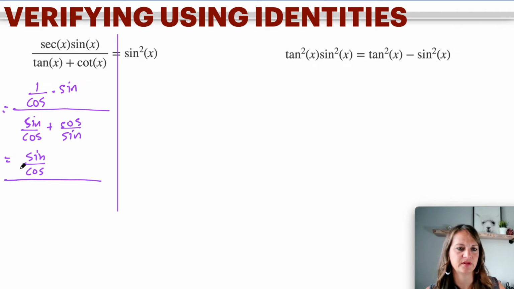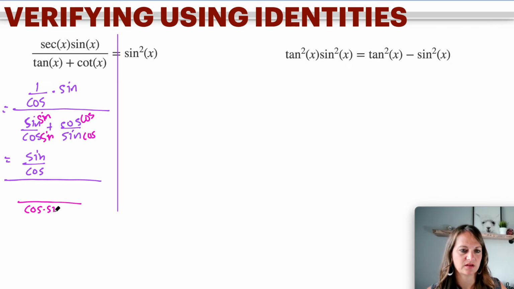And on bottom, I need to find a common denominator, which is sine. And here, that needs to be cosine. So cosine times sine is your new denominator, and that will give you sine squared plus cosine squared, which is an identity.